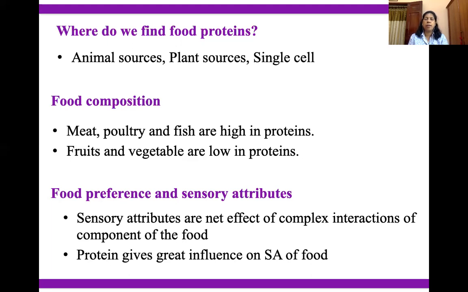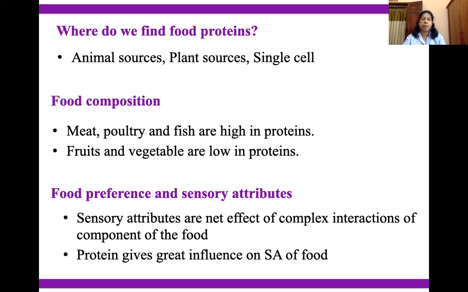You are not getting a solid structure if you introduce heat to fruits or vegetables, compared to meat, poultry, or other high-protein foods, right? So you can understand that protein plays a big role in producing these kinds of actions, right?